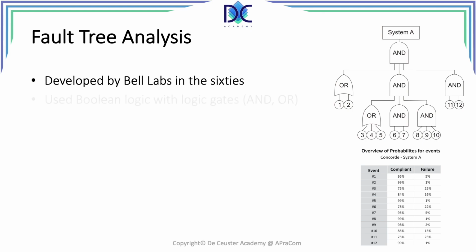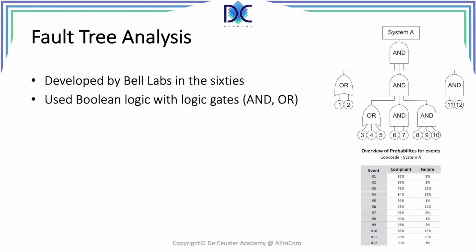Now, the element is based on logic gates, AND and OR gates, or NOR gates and NAND gates, as you see in the drawing. An OR gate means the system will work with at least one of the elements that is okay. And we also look at the AND gates. The system will work only when both of the inputs are good.